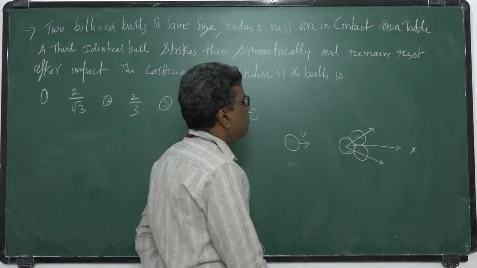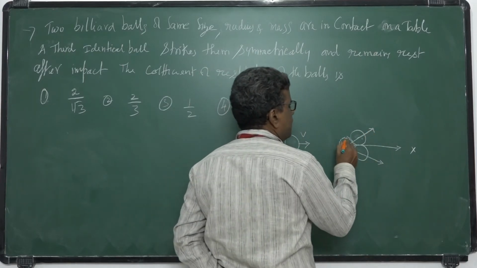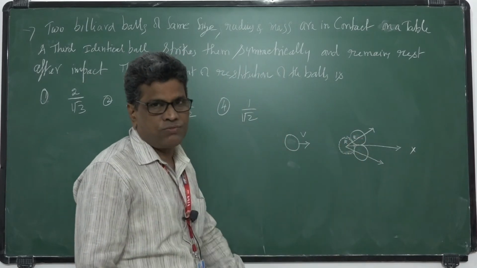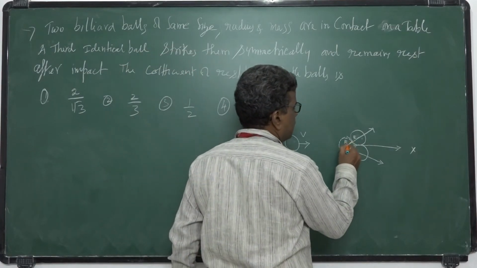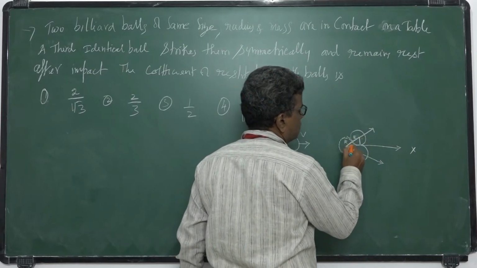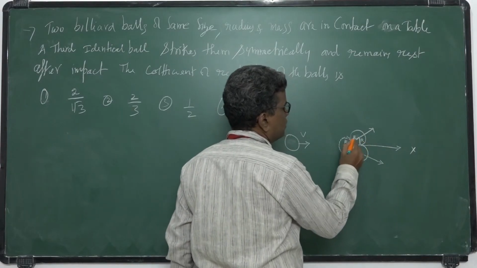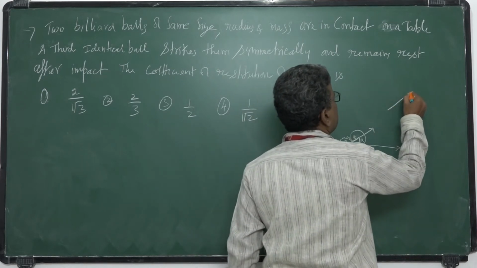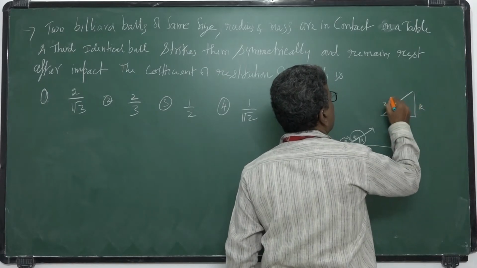Now what is this angle? If this radius is r, and this radius is r, in such problems you first find the angle. The radii are equal when they are in contact, so this one is again a radius r, and this distance becomes 2r. Using this triangle, this is r, this is 2r.